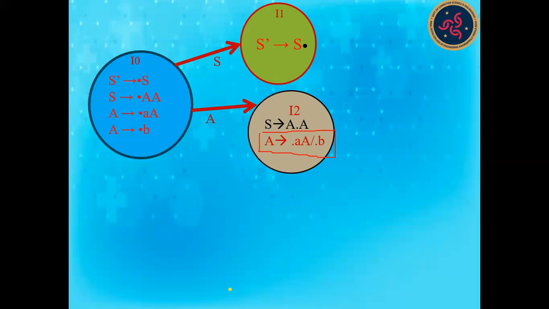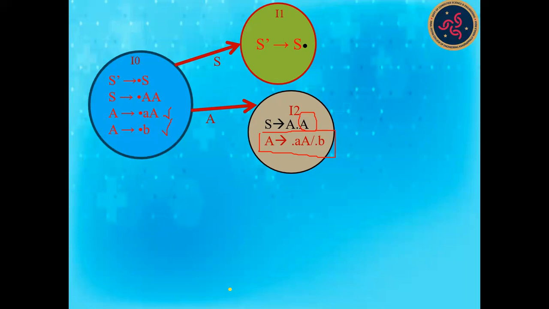After this dot, again there is a non-terminal capital A, so we apply the closure upon this capital A. That means I need to take all the productions that start with capital A. These are the two productions that start with capital A, so I am taking these two productions also into the state I2.